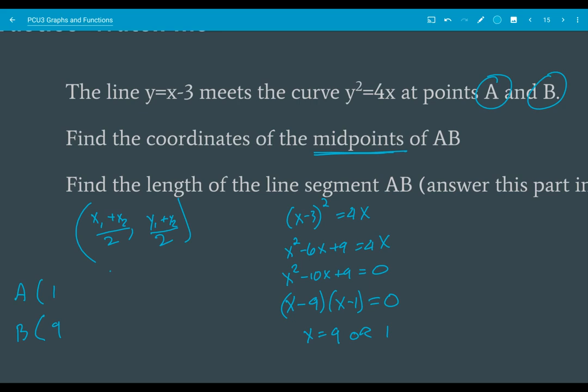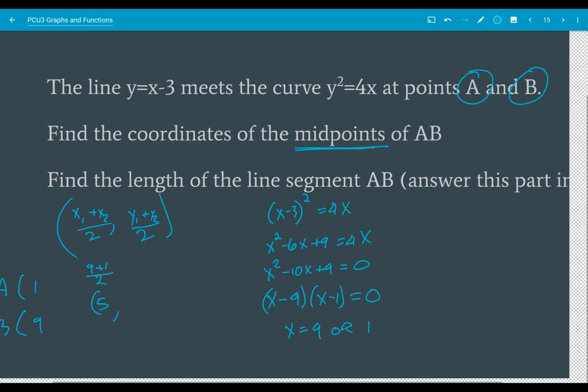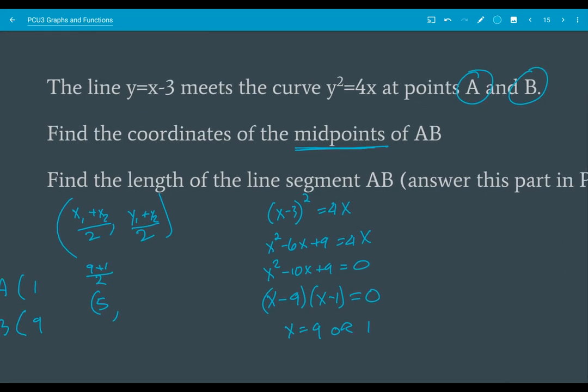We know the midpoint then is (9 plus 1) over 2, which is 5, comma something. We have to figure out what y is. So you pick one of your equations. I'm going to pick y equals x minus 3. And you plug in. So you get 9 minus 3, so it's 6.